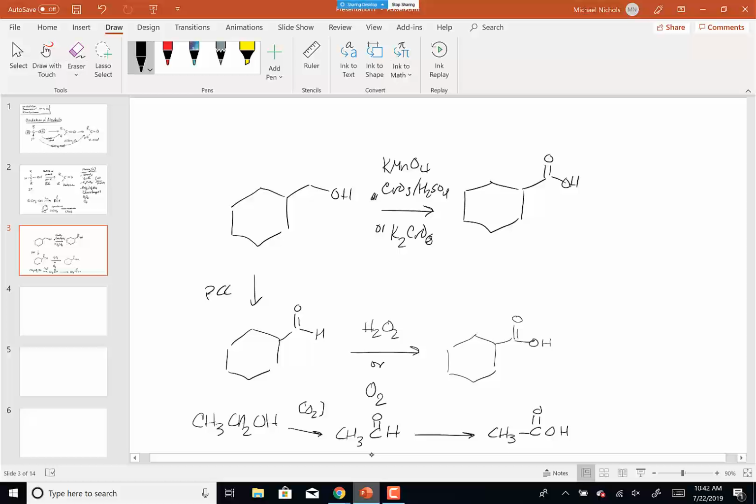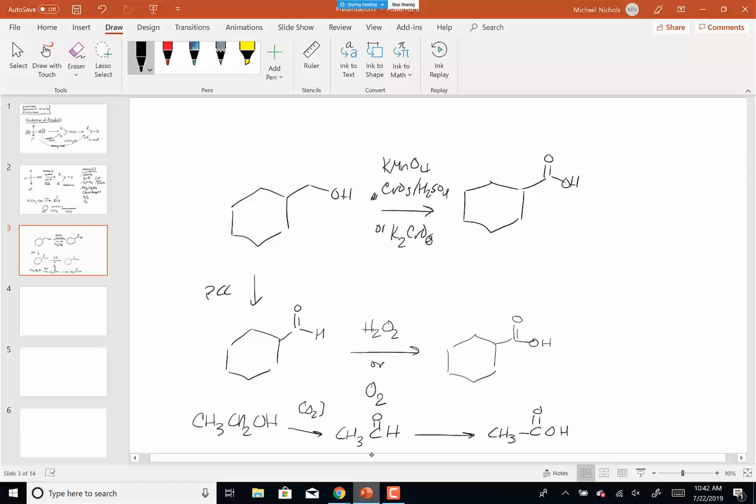So the aldehyde is particularly sensitive, and you've got to keep it away from oxygen, because over time it will react. But you could use something environmentally friendly like hydrogen peroxide if you want to do those oxidations as well. So you don't necessarily have to use the harsh chromiums, but they work well.